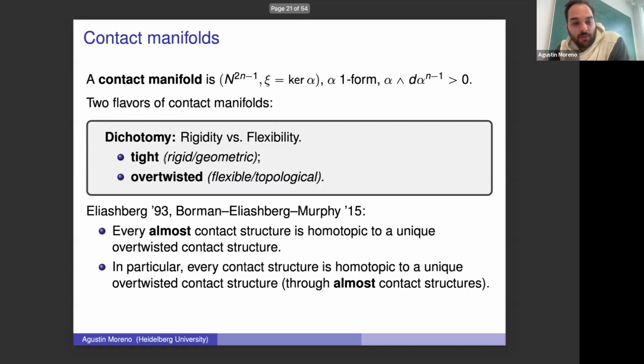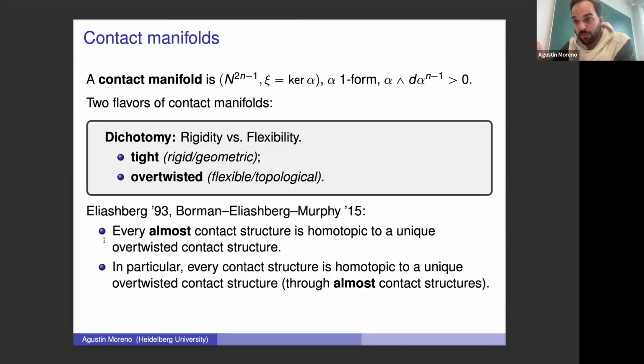Okay? You know, Eliashberg and then Borman, Eliashberg, Murphy proved exactly this homotopy principle, that every almost contact structure is homotopic to a unique overtwisted contact structure. So here, an almost contact structure is the obvious underlying topological obstruction to the existence of a contact structure. So this is exactly the existence problem for contact manifolds in the contact category. So we're trying to address the existence problem in the symplectic category. So it's no surprise.